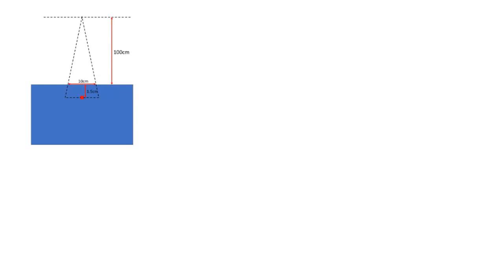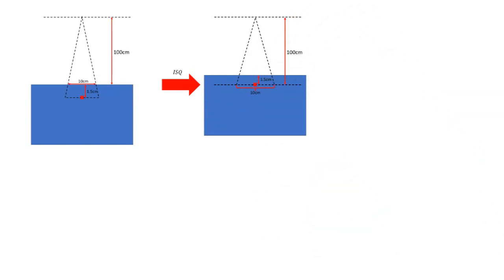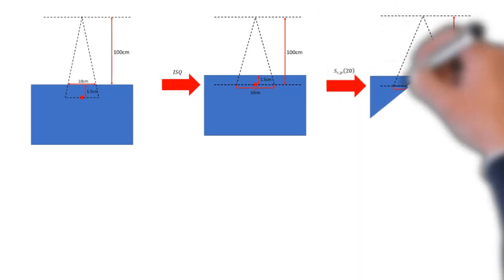Now we can apply an inverse square correction, which we are going to need to move from this SSD calibration condition to this isocentric calculation. We apply the inverse square correction, and we can get the dose rate now at the isocenter. Now we can account for a change in the collimator setting by applying the total scatter factor.